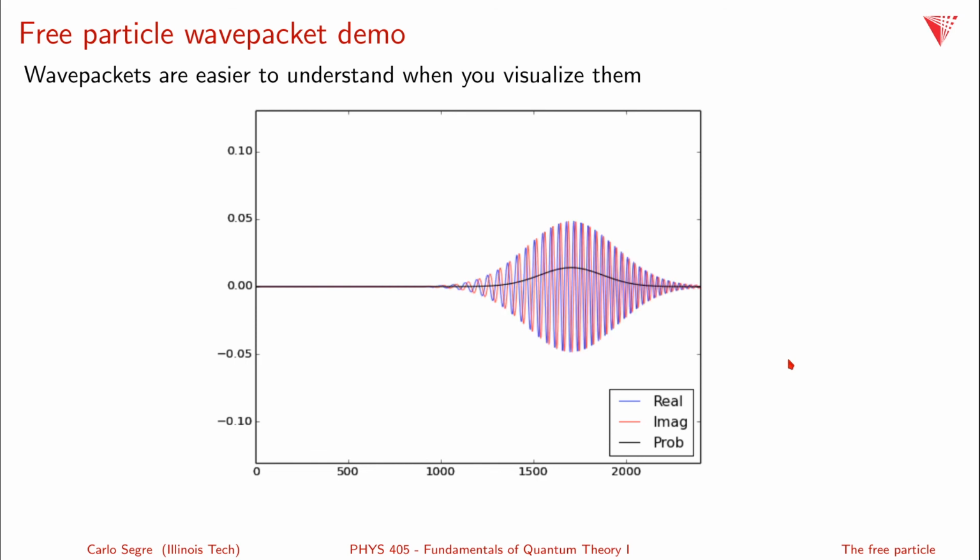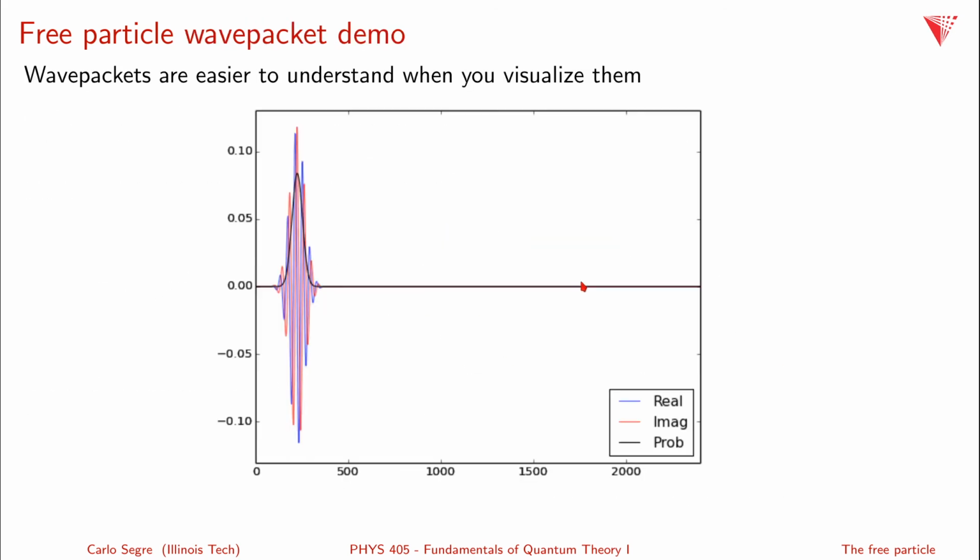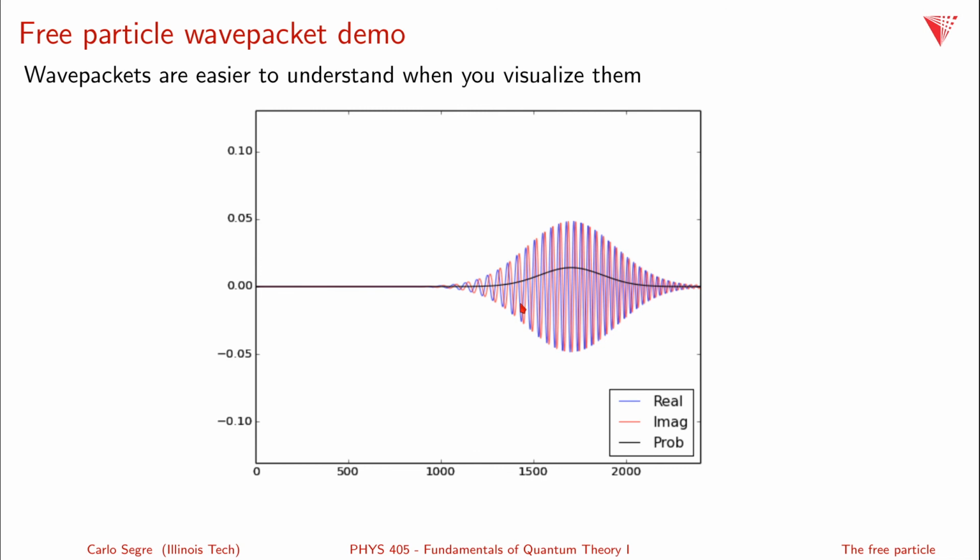At a time even further later, it's spread even more. So the function starts narrow, but over time, as it moves, it spreads out. And the reason it spreads out is because each of the components that makes up the wave packet travels at a different velocity. Some go slower, some go faster. The central one, of course, moves at its particular velocity.